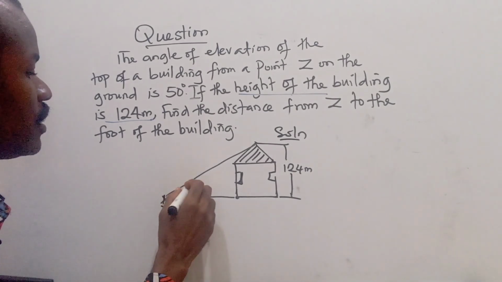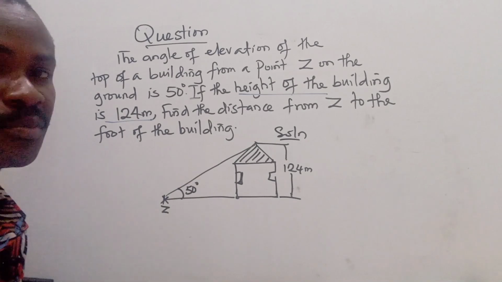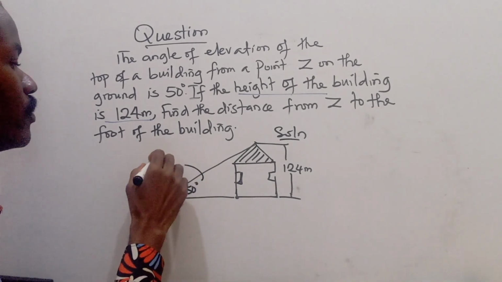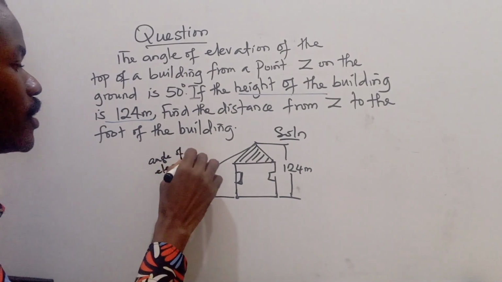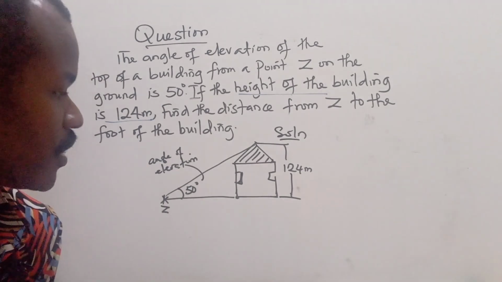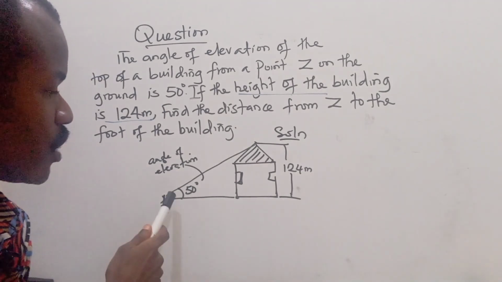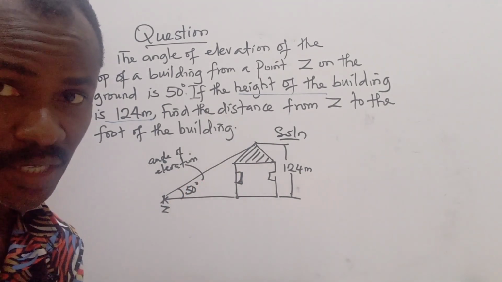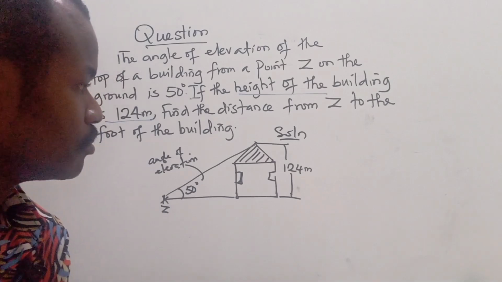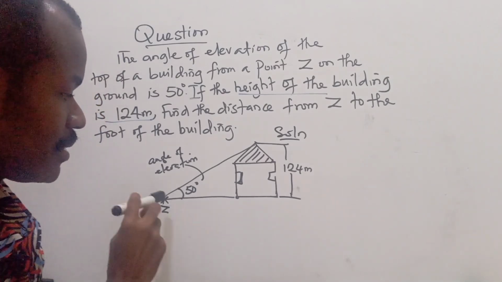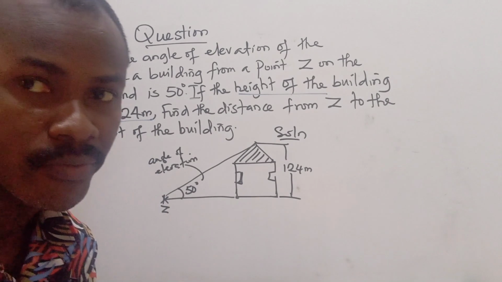So this angle is 50 degrees, which we call the angle of elevation. Remember, angle of elevation has to do with looking at an object that is at a height. But when we are looking at an object that is down below, we have the angle of depression.